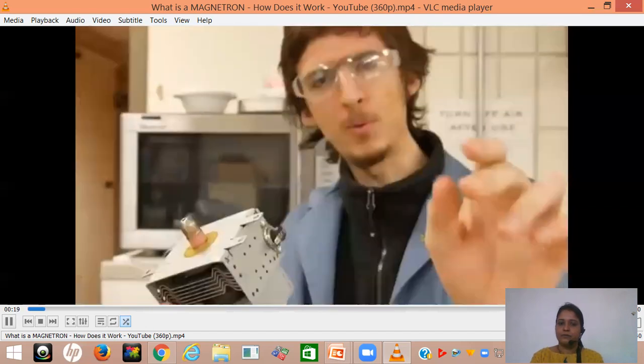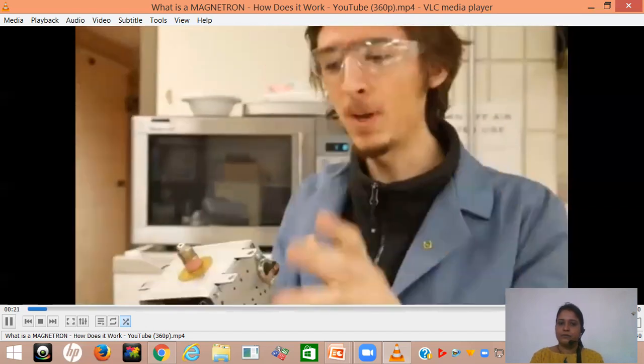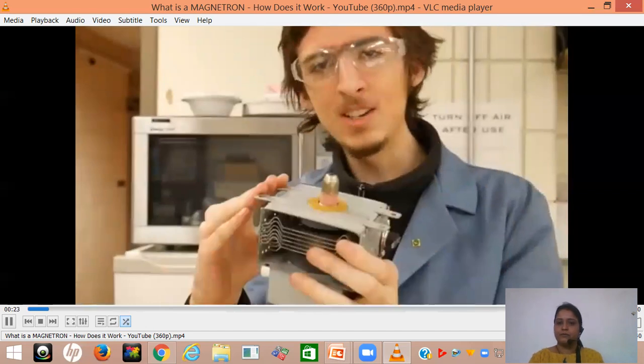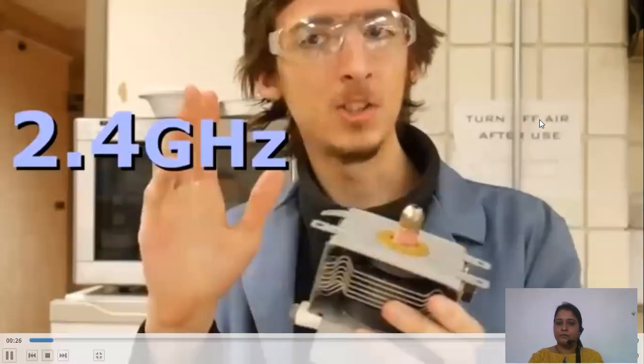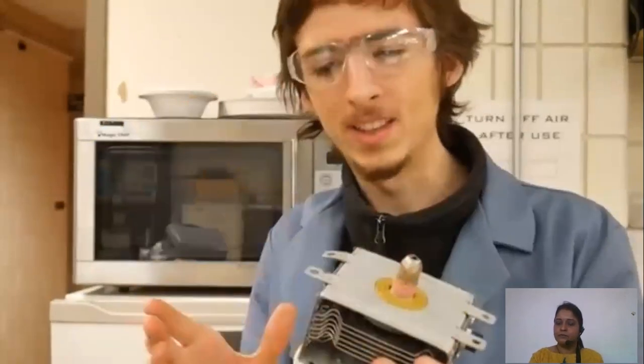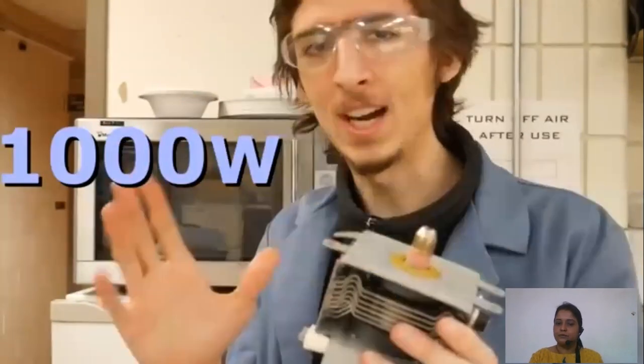Before you go running to the hills, just remember that the radiation emitted by this is 2.4 gigahertz, which is relatively low, so you're not at risk of developing cancer or anything. However, it is a kilowatt, which means it's very high powered, so it will burn you. But how does something produce a kilowatt of 2.4 gigahertz electromagnetic radiation? Let's find out.